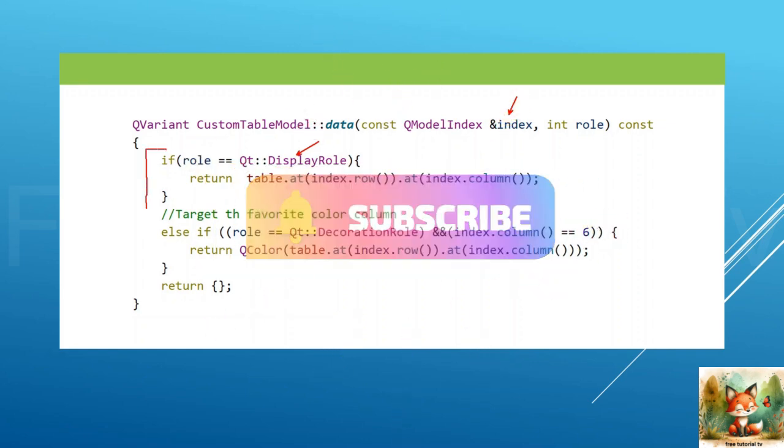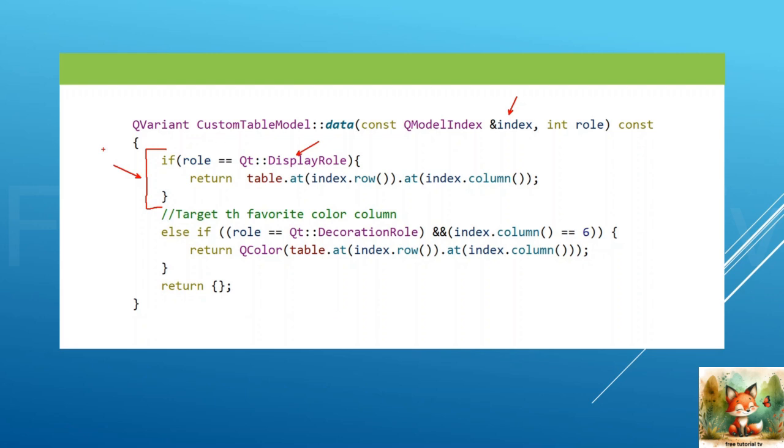So if we have a display role, we will return the data in our table, but we also want to control how things are displayed in our table, especially if we are dealing with colors. Our model is also going to be modeling favorite colors in one column. So we are going to put that in the 6th column in our model.